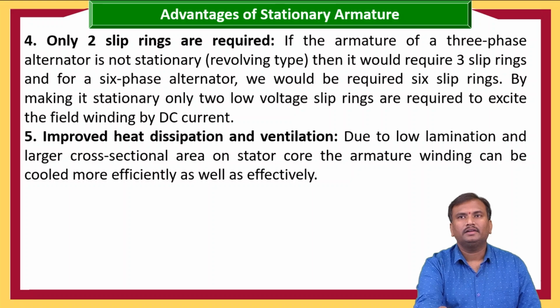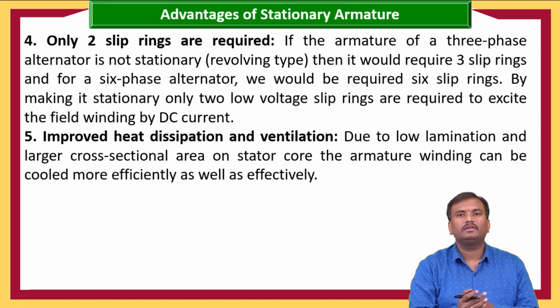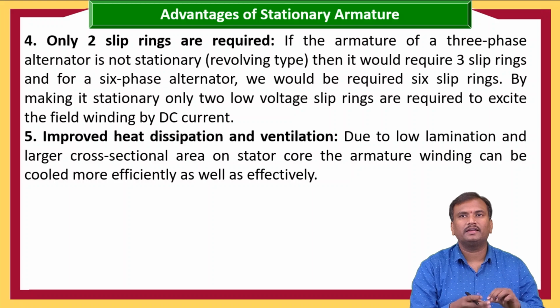If the armature of a three-phase alternator were not stationary but revolving, it would require six slip rings, because for every winding we have two terminals, and for two terminals we require one slip ring.